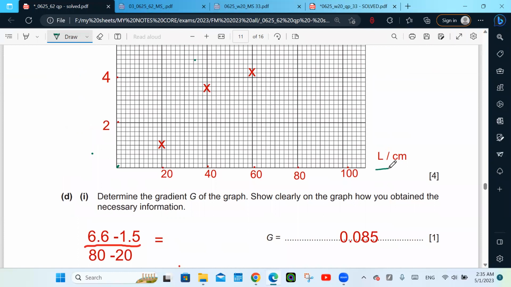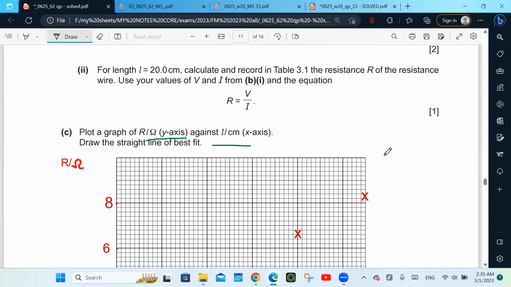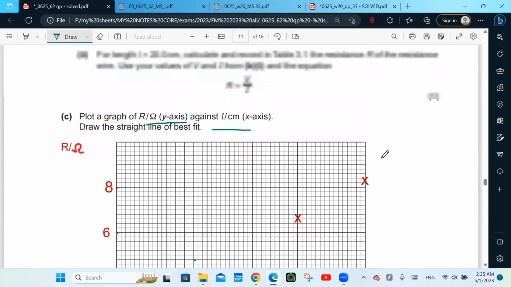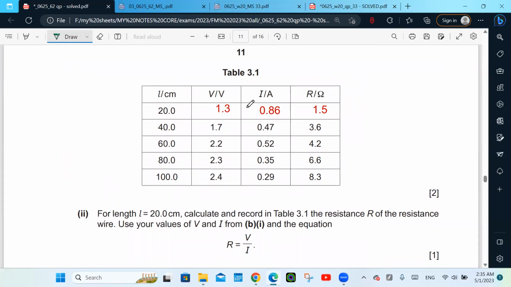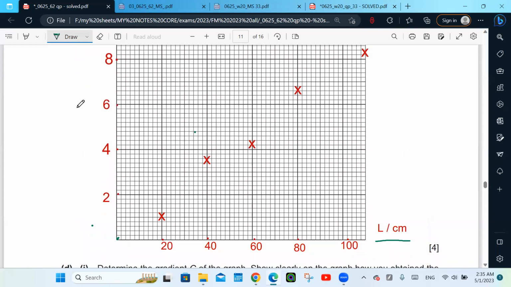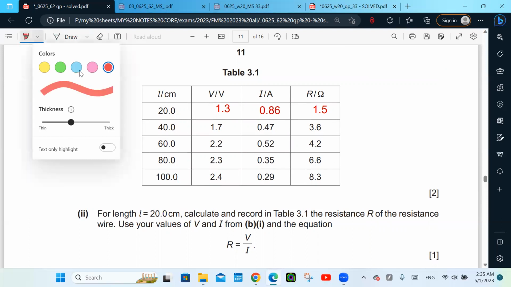And don't forget to write the heading of the columns with the unit. Okay, and for the y-axis, ohm. The readings here are 1.5, 3.6, 4.2, 6.6, 8.3. So I think taking the scale 2, 4, 6 is a good choice for these readings.